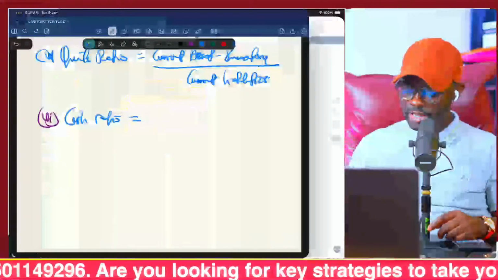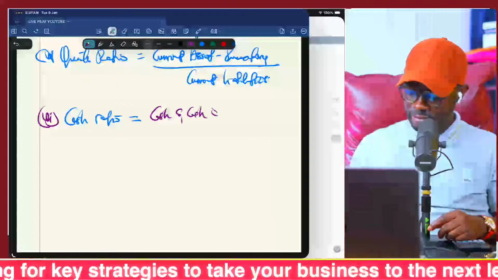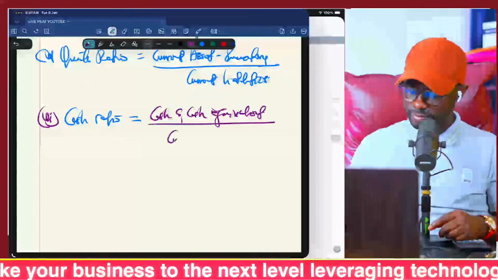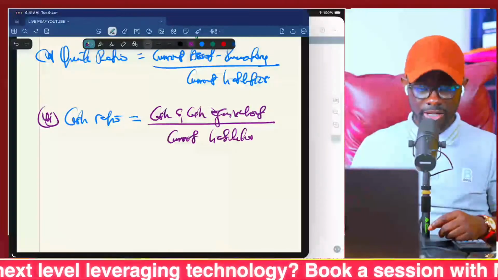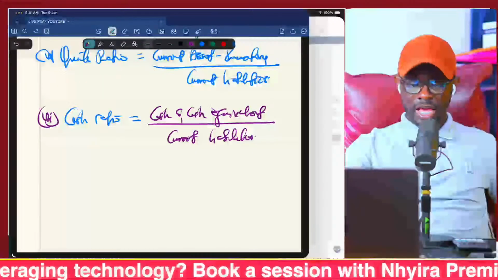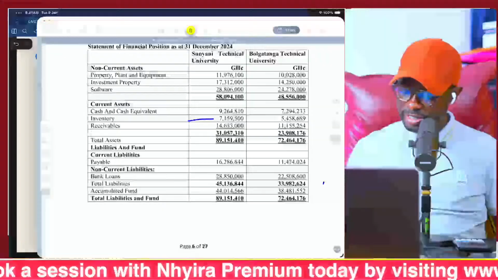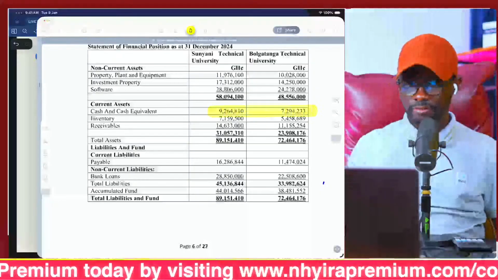And so that's going to be cash and cash equivalent divided by current liabilities. You can see in the current assets here, we have cash and cash equivalent.